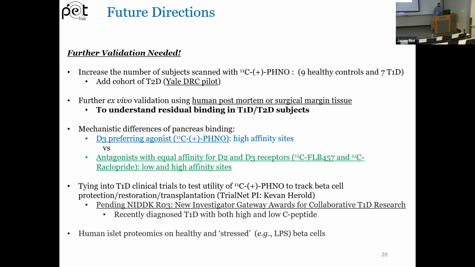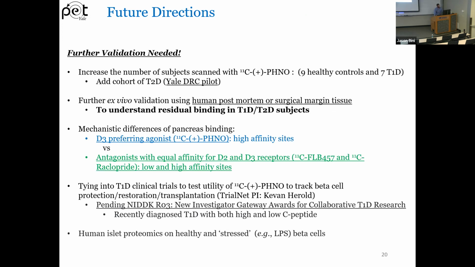So we're moving on. We're doing this in a pilot study as well in type 2 diabetics. I'm really trying to distinguish now between D2 and D3 receptor sites, since some of those other D2 radioligands had high binding as well, but not as good as D3. There still may be some interaction between these D2 and D3 receptor activity on the beta cells, maybe controlling beta cell mass in some manner.